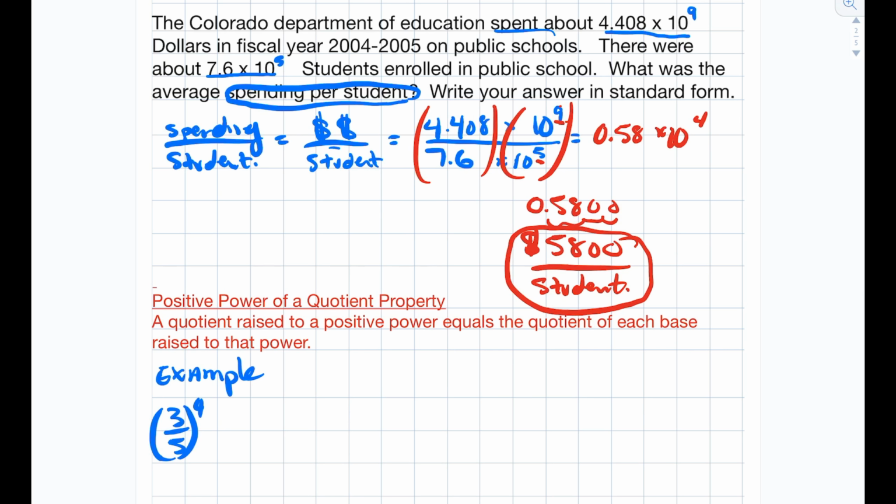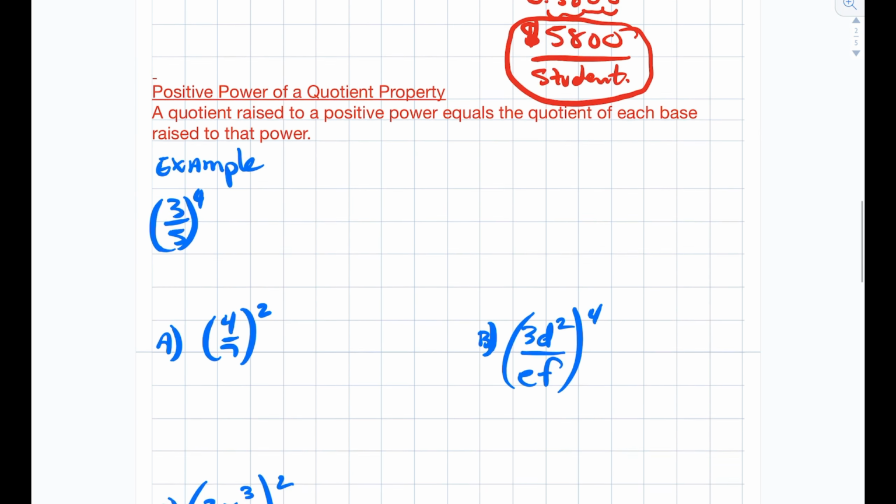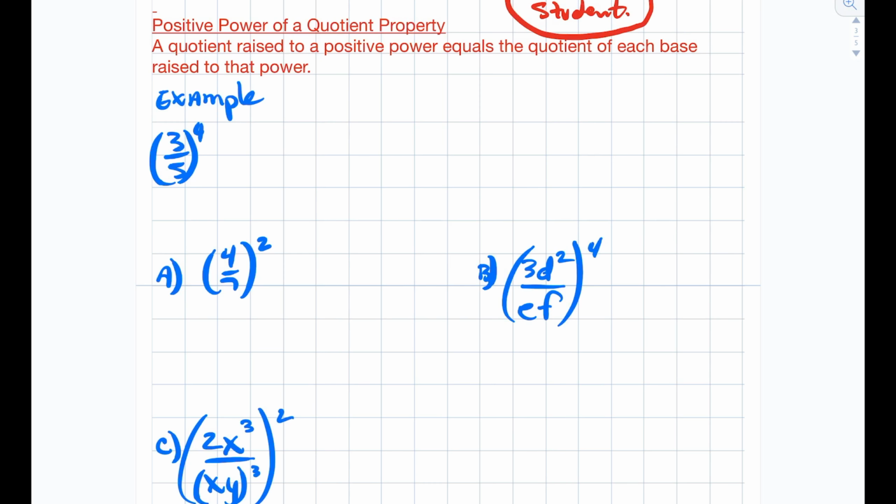All right. Next property we have. Positive power of a quotient property. A quotient raised to a positive power equals the quotient of each base raised to that power. So in this example right here, we have 3/5 to the 4th power.